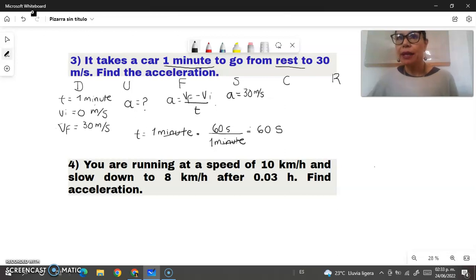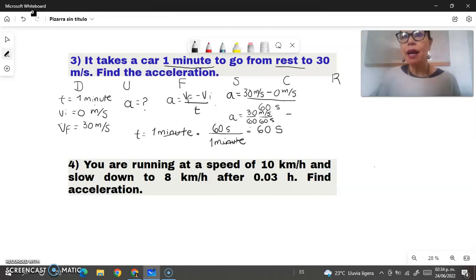Okay, now we can do the substitution. So the substitution is 30 meters per second final velocity minus 0 meters per second initial velocity over 60 seconds. Calculations: A equals 30 meters per second over 60 seconds.